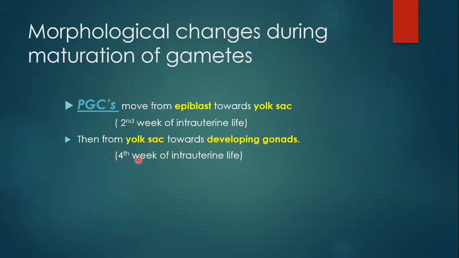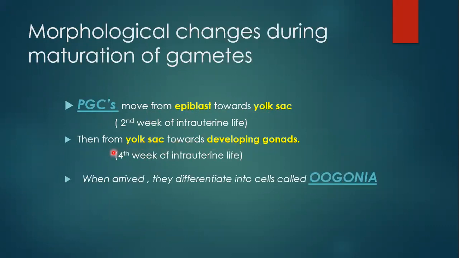And this time is the fourth week of intrauterine life, right? So during the second week, primordial germ cells move from epiblast to the yolk sac, and then during the fourth week of intrauterine life, the cells from the yolk sac move towards the developing gonads. When they arrive there at the area of the future ovary, they differentiate into cells known as the oogonia, right?